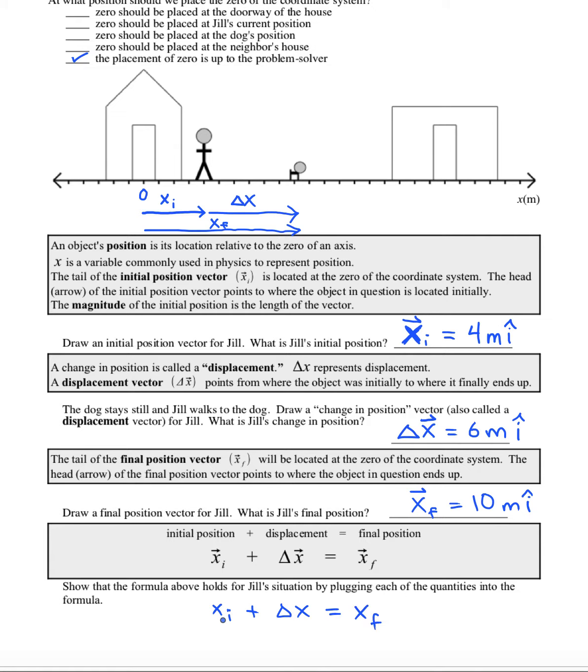Now it's up to you whether you want to write the quantities in vector form or not. We could just leave it with the arrowheads off, and in that case we would just leave the i hats out when we add up the quantities. So the initial was 4 meters, the change in x was 6 meters, and it takes us to 10 meters. It works for this problem.